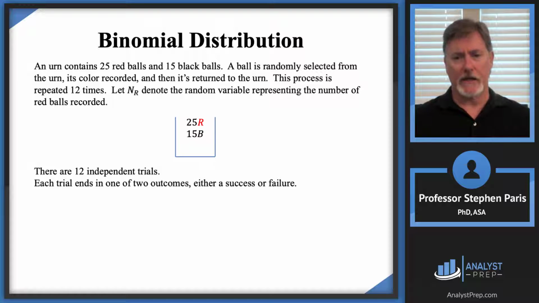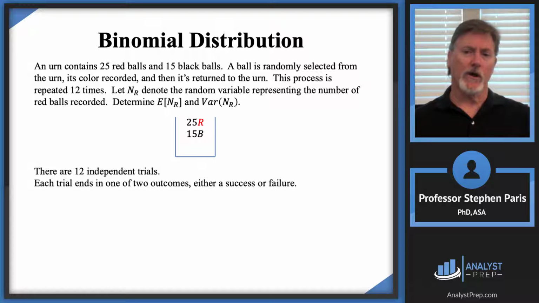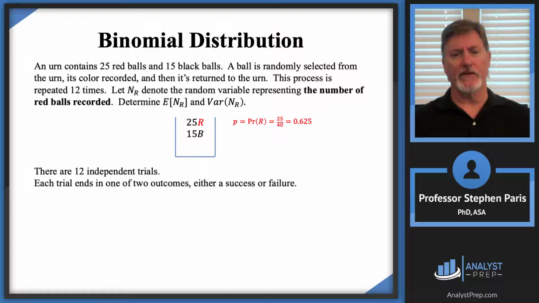So from previous videos, we'll be able to determine the expected value and the variance of the random variable. Just use those formulas from the previous video, which you'll see in just a second. The notation I'll need is the p-value, the probability of what I'm going to call a success. Since the random variable is counting the number of red balls, I'll count as a success an outcome of a red ball, and the probability that a red ball is selected is 25 out of 40, or 0.625.